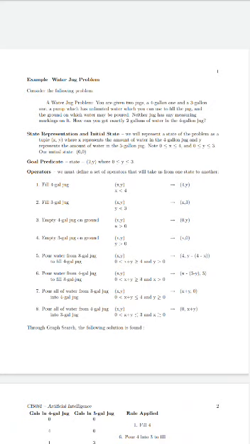So this problem is simple. You are given two jugs, one is 4 liter and another one is 3 liter, with no measuring markings on them. How can you have 2 liters of water in the 4 gallon jug?